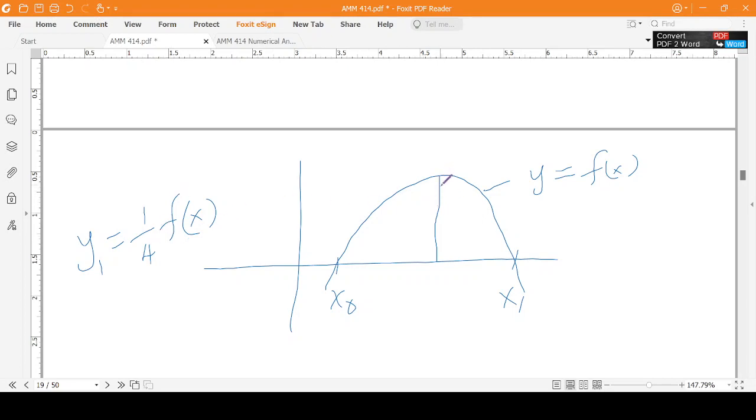So the point here will be shifted downwards. While the root will remain the same because 0 divided by 4 is still 0, any other point will be affected and it will shift downwards, so that the turning point will now not be where it was. It will be shifted downwards here.